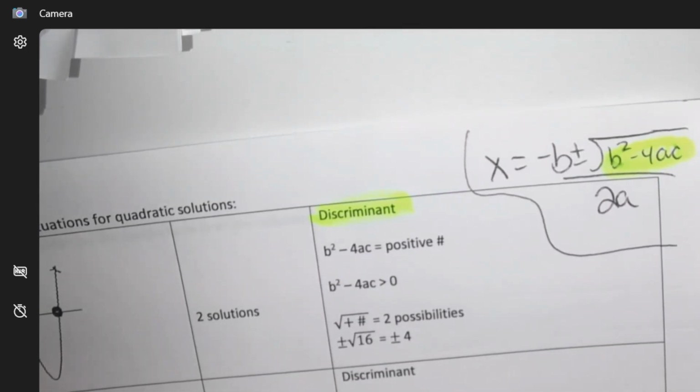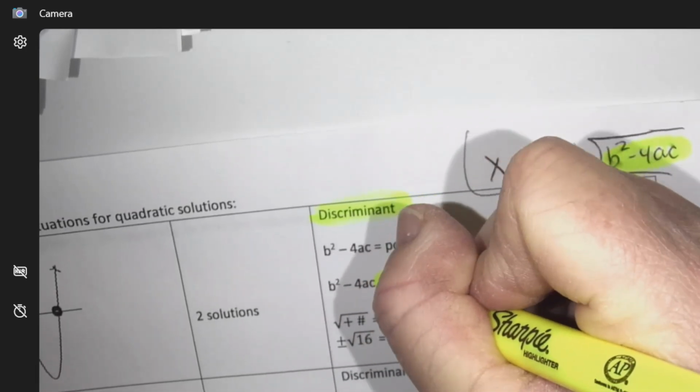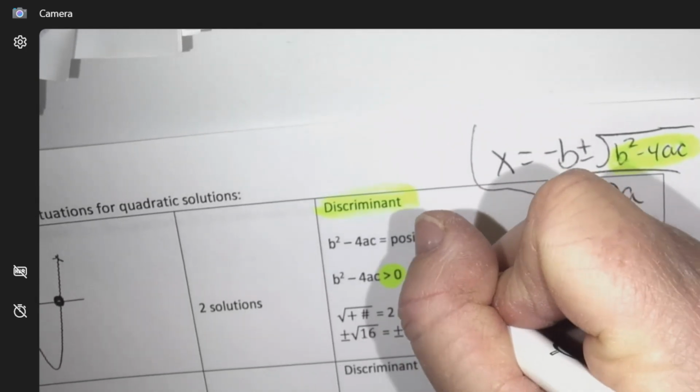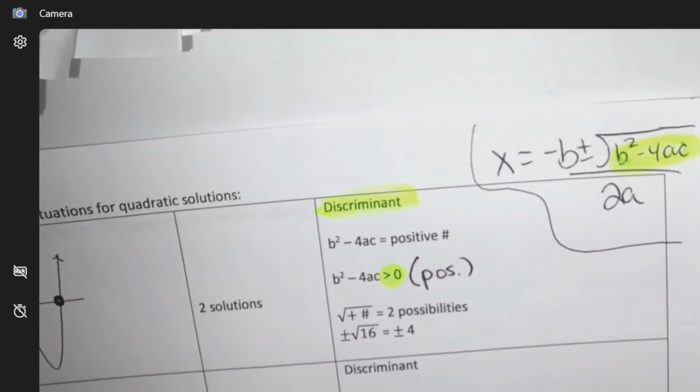Okay, if it is above 0, another word for above 0 is positive. So if it is positive, there's going to be 2 answers. So kind of an example, if I had this 16, and then if I added a root 16 and I subtracted a root 16 separately, that would produce 2 things.